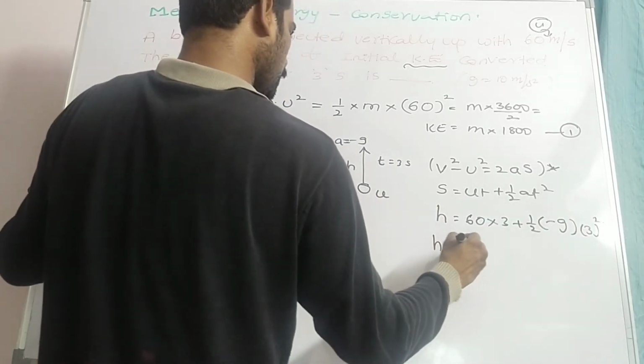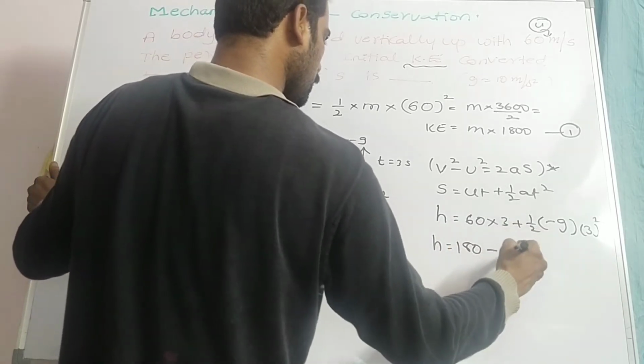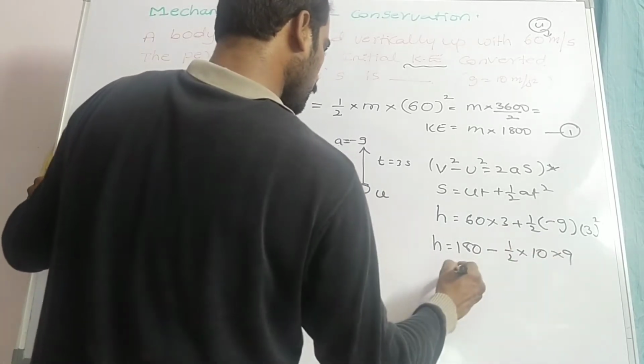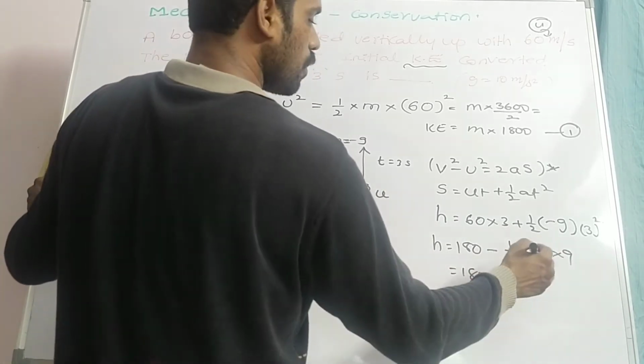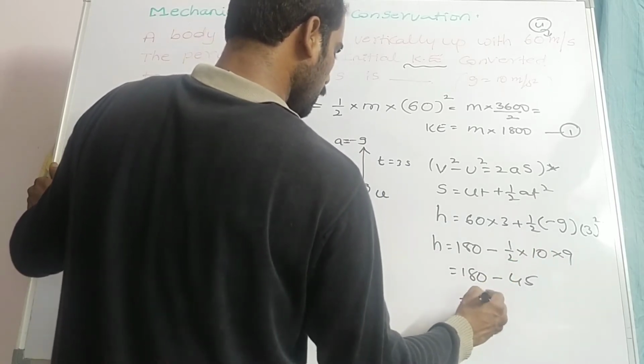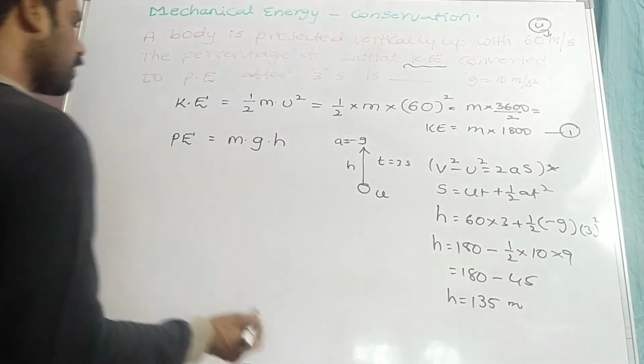That is 180 minus half into 10 into 9, that is 180 minus 45, that is 135 meters. Height h is equal to 135 meters.